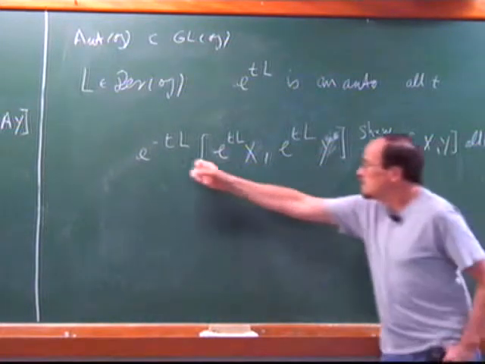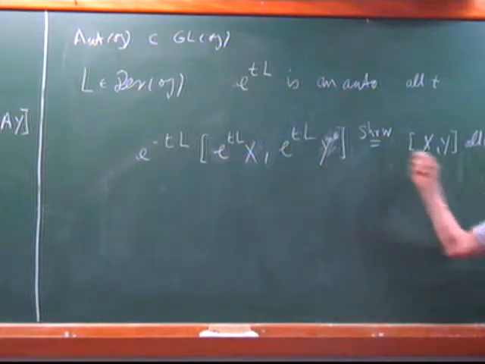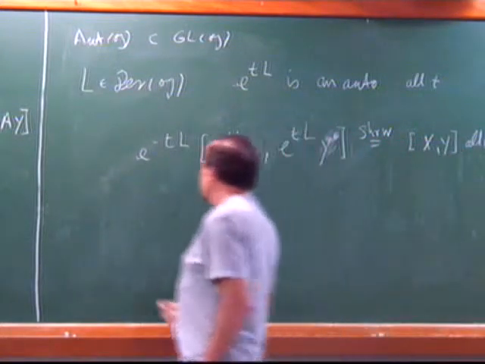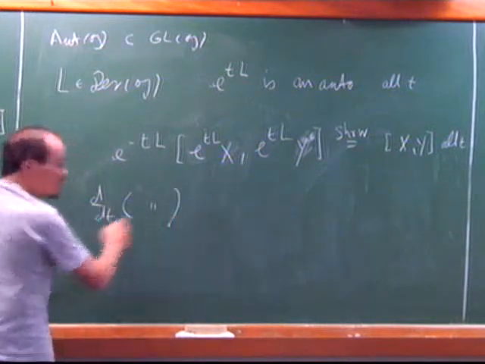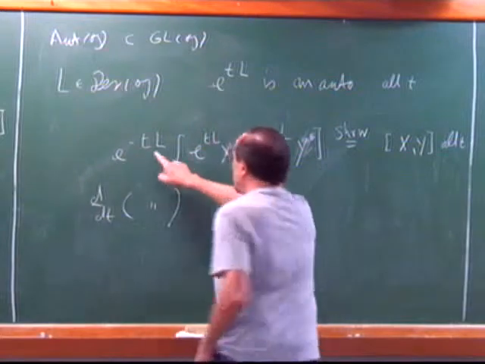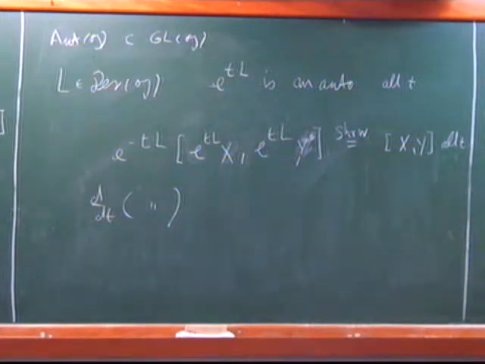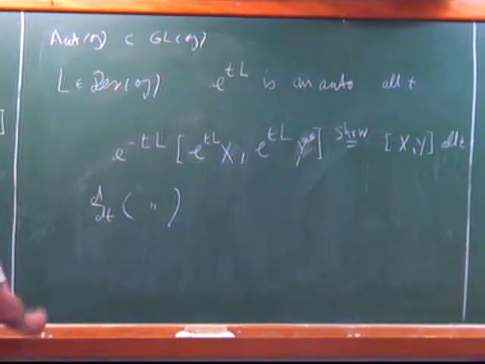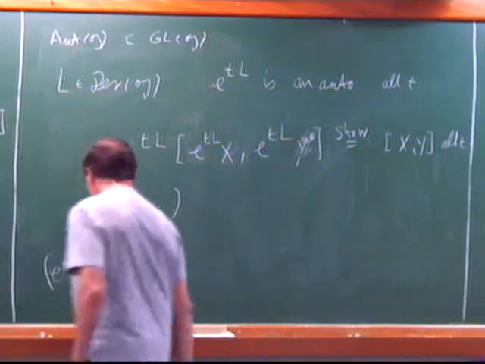If I bring e to the tL to the other side, that's the automorphism equation. So that's the trick: show that this curve is constant in t. And of course, for that, you differentiate. So take d/dt on the left-hand side and show that it will be 0. Then it will be constant. And clearly, when t is 0, these are all the identity, so I get the bracket of x and y. So that will be the proof. So I use a product rule. Remember how to differentiate e to the tL in general. What is that?